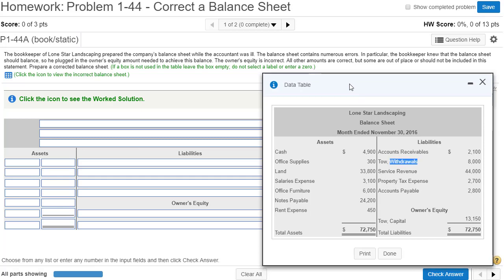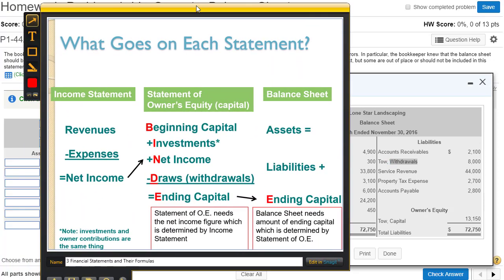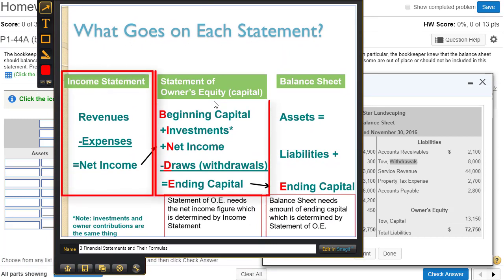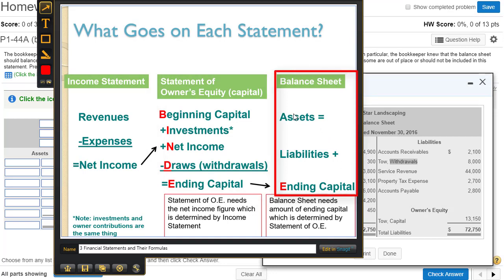So before we can start creating this company's balance sheet, we have to review the balance sheet formula, which is pretty simple. Remember the 3 financial statements: income statement, statement of owner's equity, and then the balance sheet. So the balance sheet should only have assets on one side, and then on the other side they should have liabilities and then the ending capital.